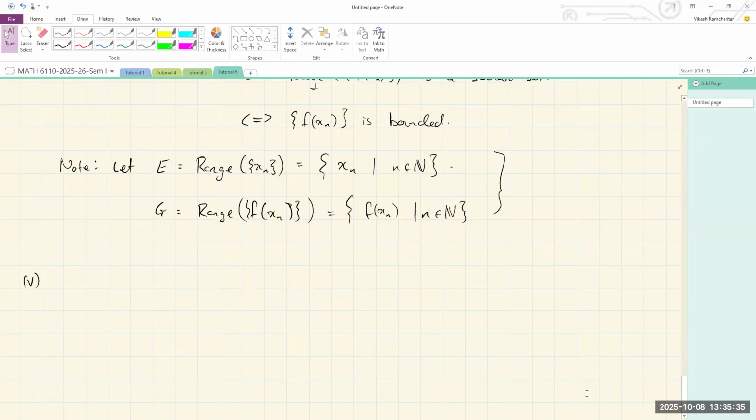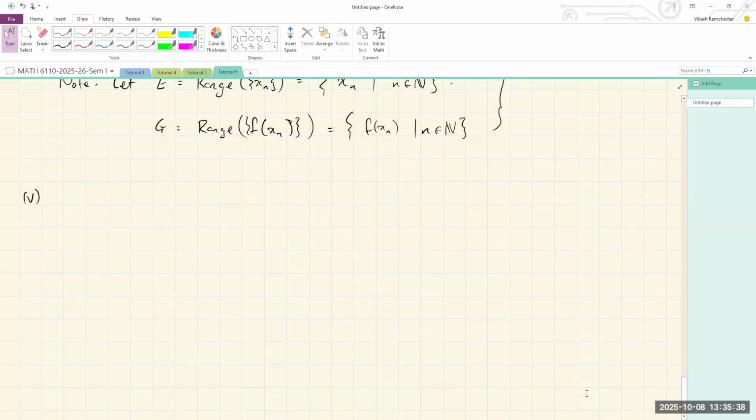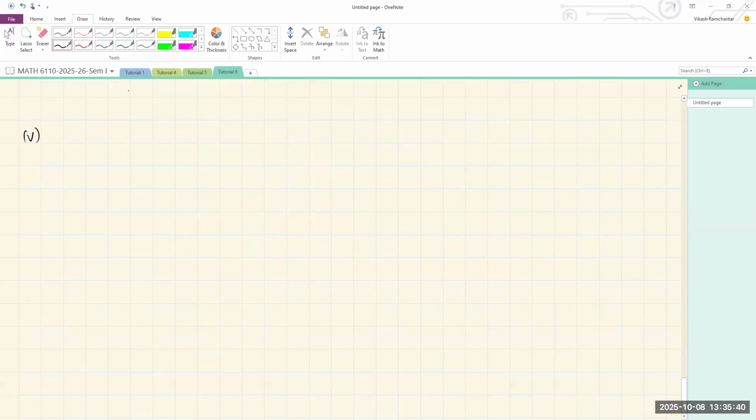The property of convergent sequences. So recall, what does it mean for a sequence to be convergent?